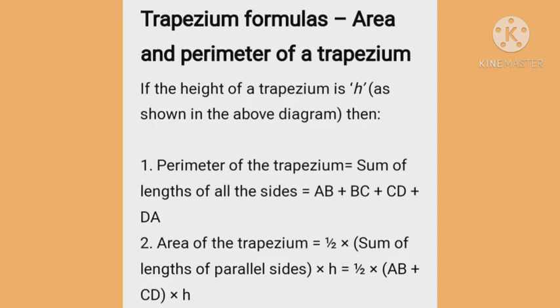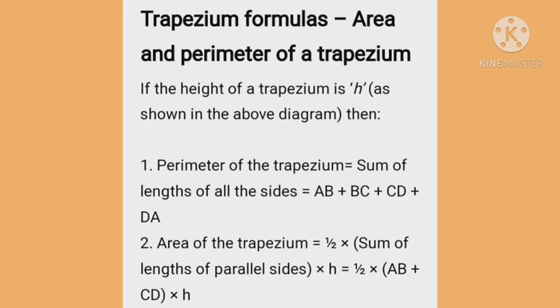Perimeter and area of trapezium. Perimeter of trapezium is nothing but the sum of the lengths of all the sides, that means AB plus BC plus CD plus AD. You know that the perimeter is nothing but the sum of the lengths of the boundaries. So here the perimeter of trapezium is the sum of the lengths of all four sides.